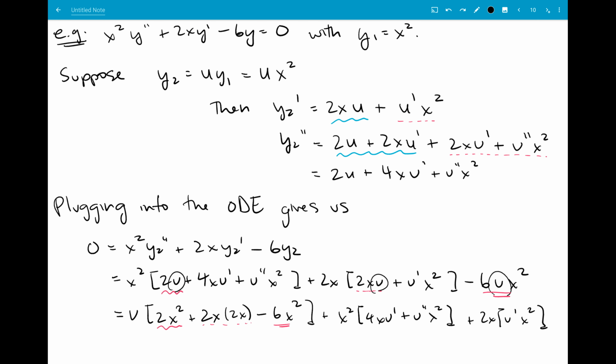And we can even see that. Here's our y1, which is x squared. Here's our y1 prime, which would be 2x. And then y1 double prime would just be 2. So we're looking at x squared y1 double prime plus 2x y1 prime minus 6y1. And we know that that equals 0.